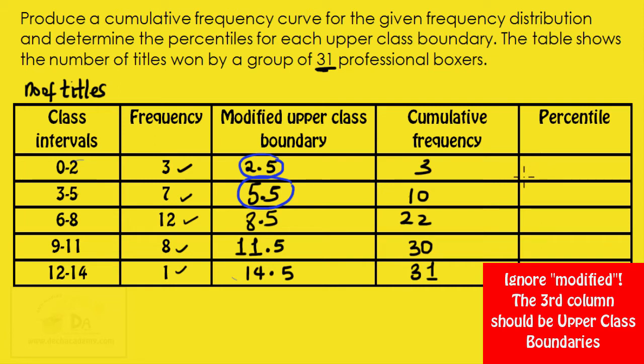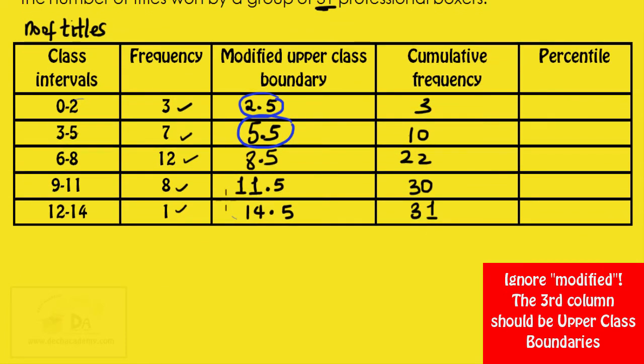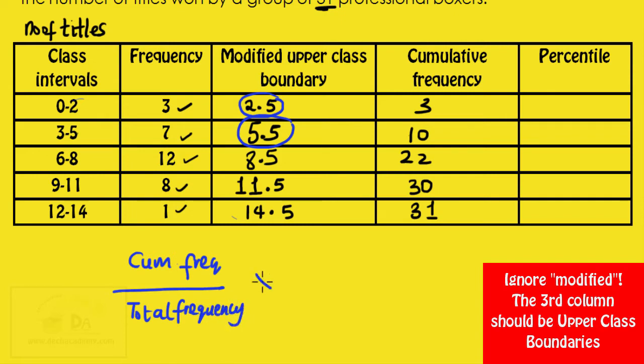So the percentile for this upper class boundary, let's see. It's given by the cumulative frequency of that upper class boundary divided by the total frequency multiplied by 100.